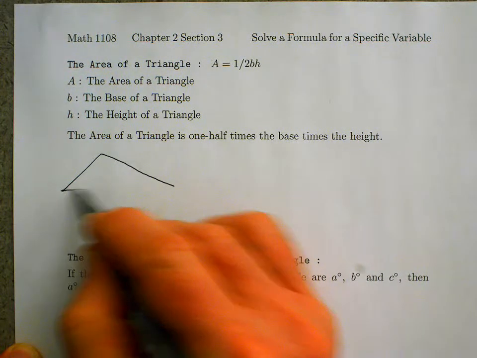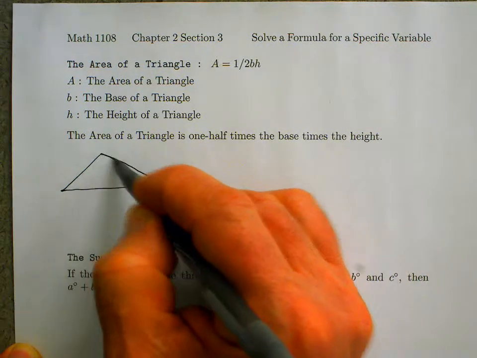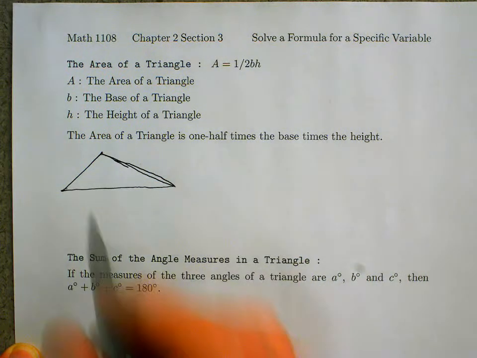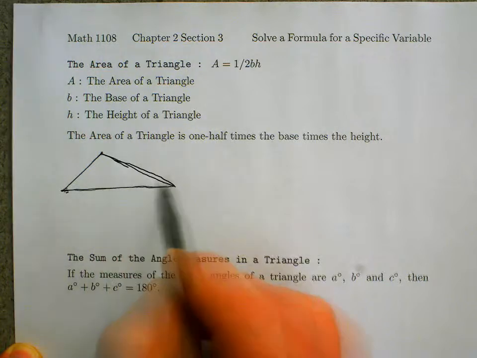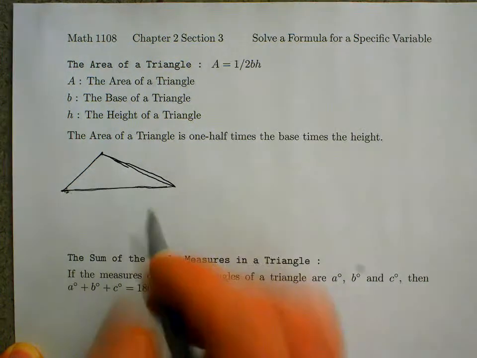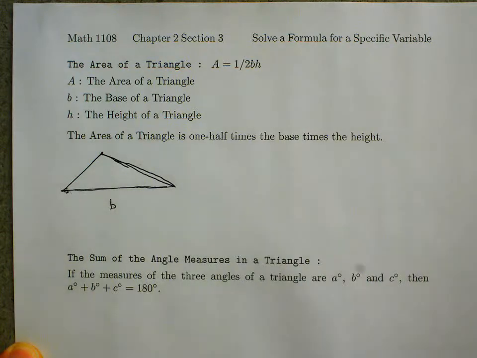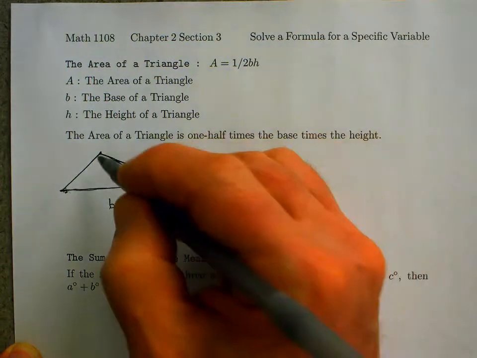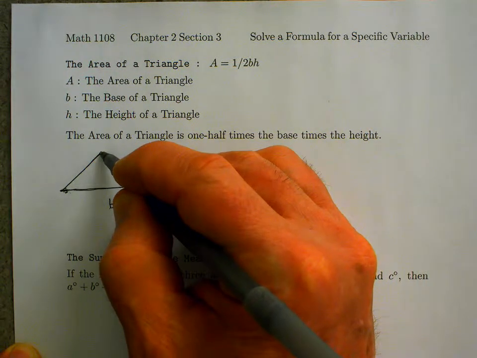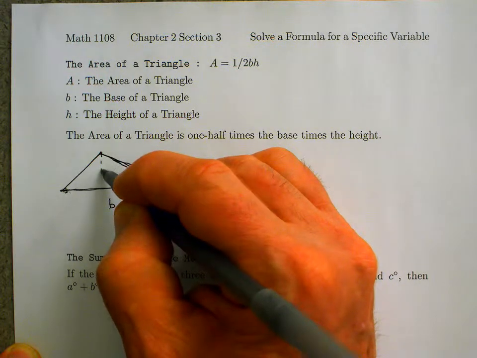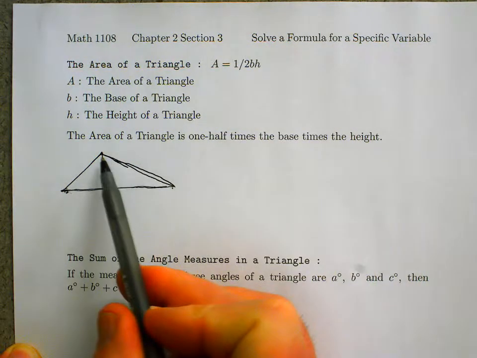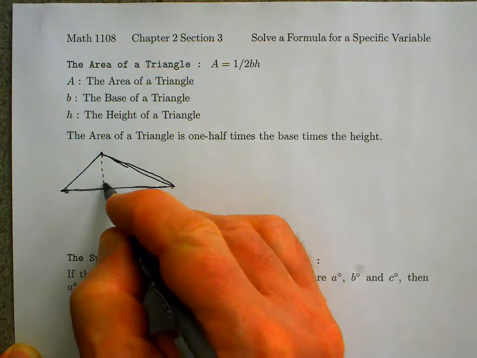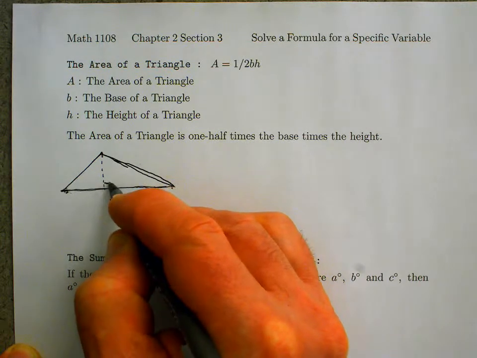So pretend this is a triangle. Those sides are supposed to be straight. We can pick this horizontal side and represent it as the base. If I use this side as the base, then the height is the length of the line segment that connects the vertex opposite to the base and also forms a right angle.